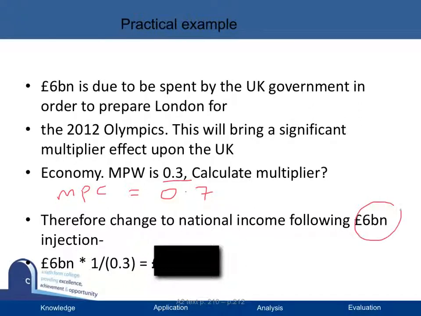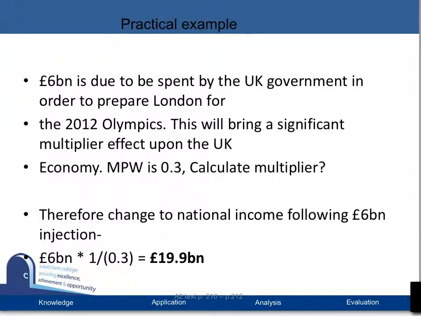Following the initial injection of £6 billion to get London ready for the Olympics, if you calculate the multiplier value, which is 1 divided by 0.3, which gives you a value of 3.3, which is actually quite a high multiplier value, gives you an overall increase of 19.9 billion. So quite significant, only if, of course, this estimate here is correct.